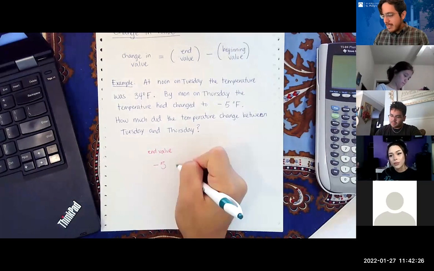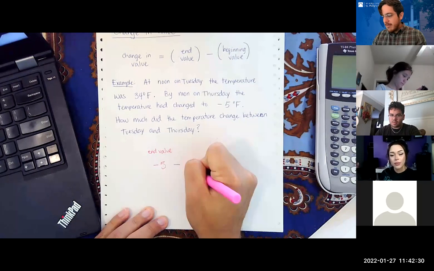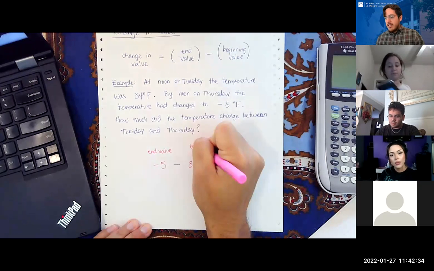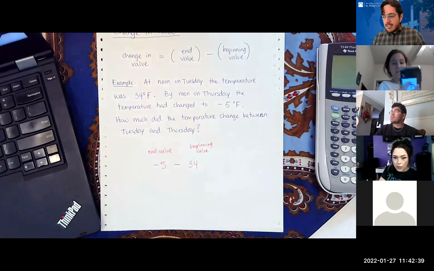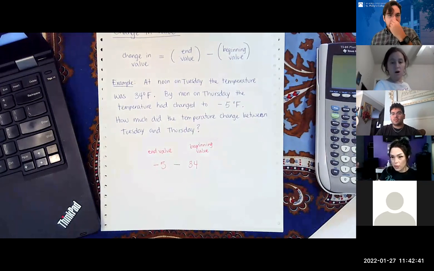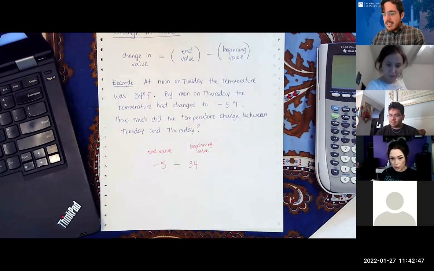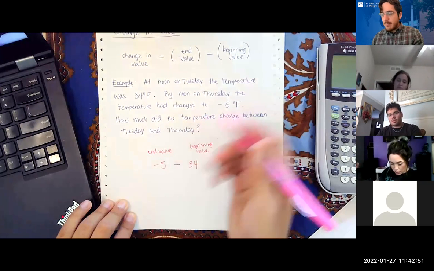Yeah, perfect. So that's the beginning value. So that is how we have to set it up. You have to be very careful with this. You know, I had students in my last class say, take 34 and subtract 5. But, you know, the question as it's laid out says the end value comes first, then subtract the beginning value.